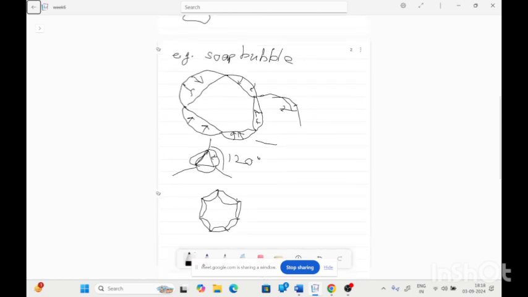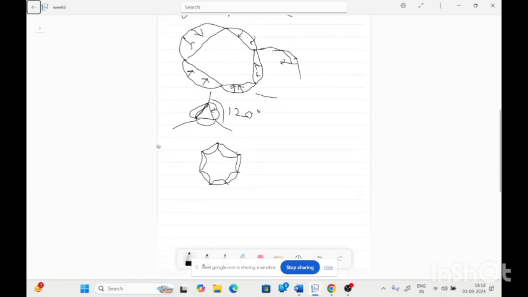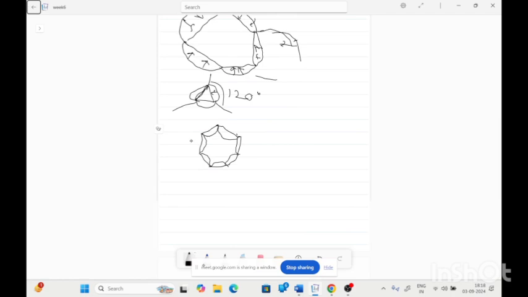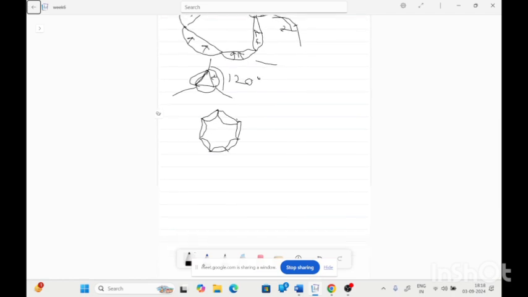In less than 6 sides they are curved outward, and in grains with more than 6 edges the boundaries are curved inside, so they start growing outward. This is how they grow outward.